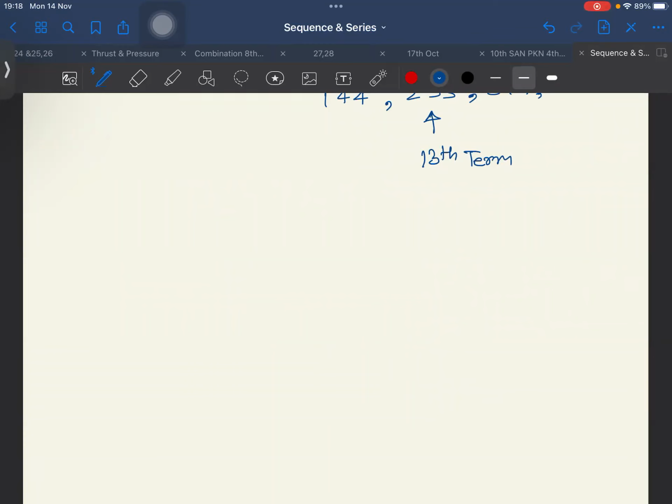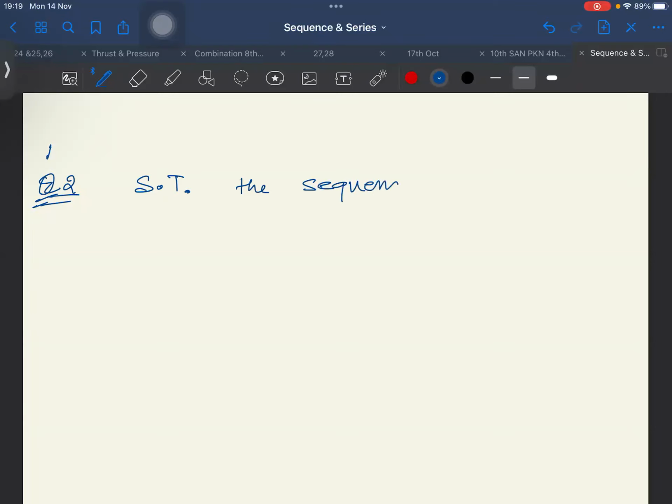Now coming back to arithmetic progression. This is again AP, question number 2. Show that the sequence log A, log A squared upon B, log A cubed upon B squared are in AP.